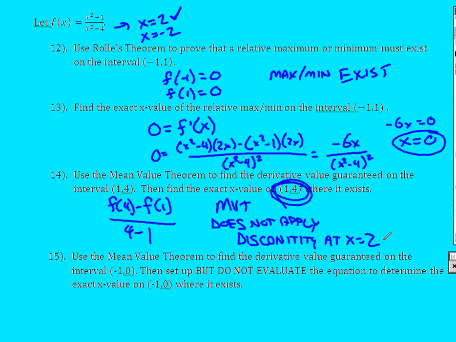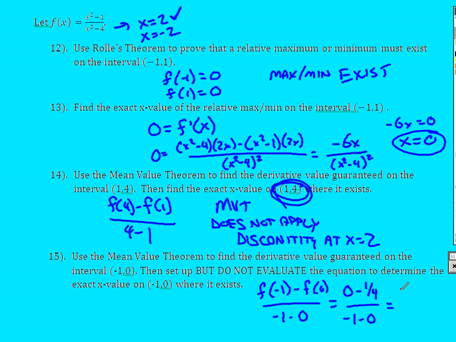Okay, so now, number 15, we want to use the mean value theorem on the interval negative 1, 0. In this case, there is no discontinuity in that interval. So I can set up this equation. I'll do f of negative 1 minus f of 0 over negative 1 minus 0. f of negative 1 we said is 1 over 4 on the bottom, minus 0.